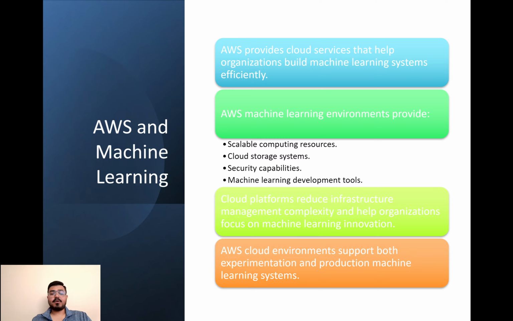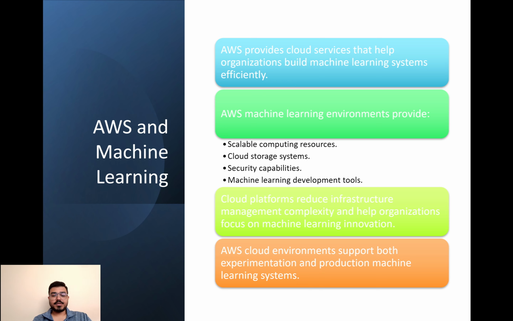AWS provides cloud services that help organizations build machine learning systems efficiently. AWS machine learning environments provide scalable computing resources and cloud storage systems. AWS also provides security capabilities and machine learning development tools.